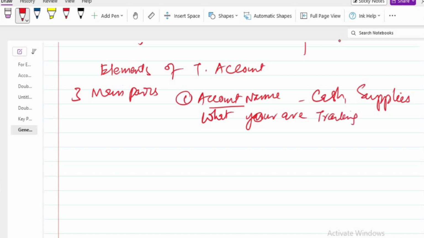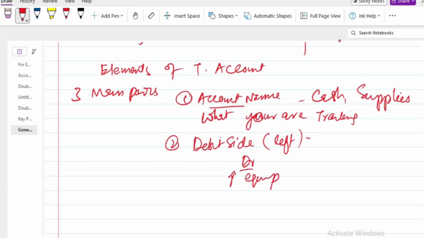The second part is the debit side, which is on the left side. Usually increases go here for assets like cash or supplies, and decreases for liability and equity. If you have purchased some asset, like equipment, that is an increase, and it is recorded on the debit side of the asset.